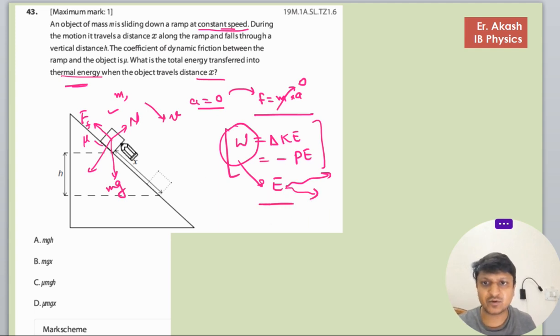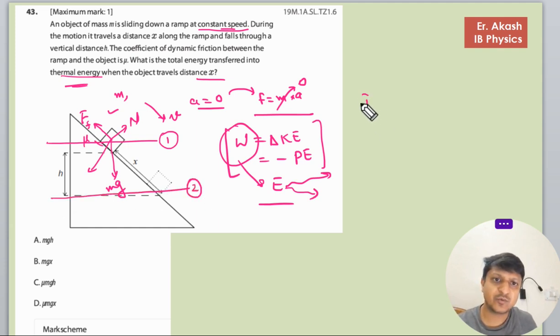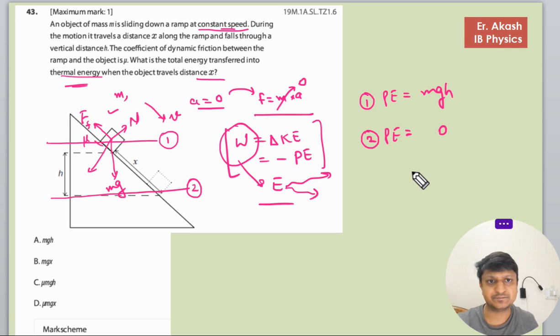Okay, so now we will calculate at this level. This is level one and this is level two. At level one the potential energy is mgh, and h is given to us, and at level two the potential energy is 0.